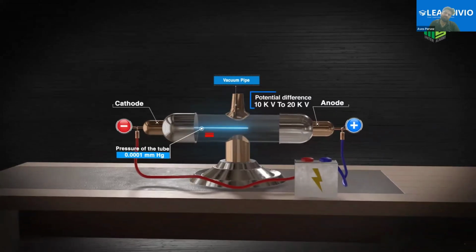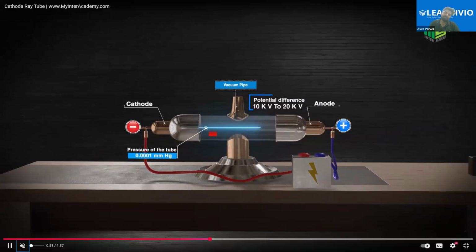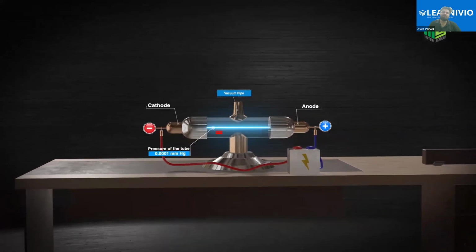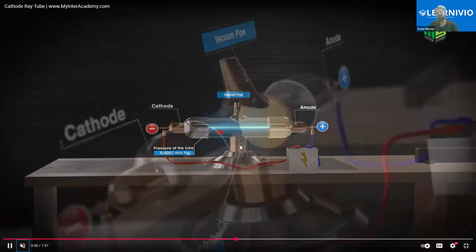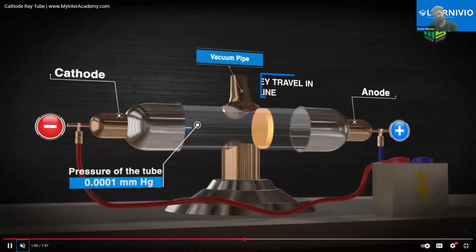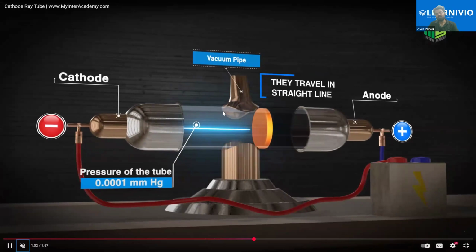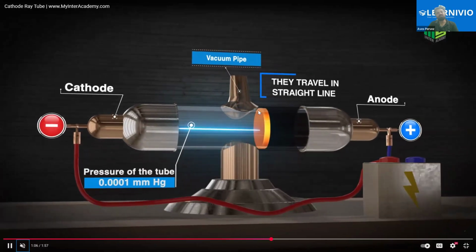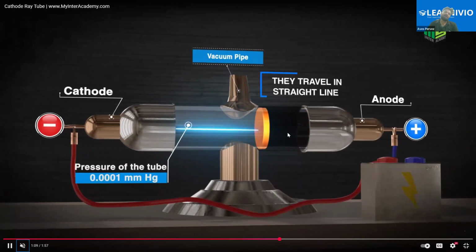So when high voltage current is passed through it, a beam moving from the negatively charged rod to the positively charged rod is observed. These rays travel in a straight line, and they cast shadows.